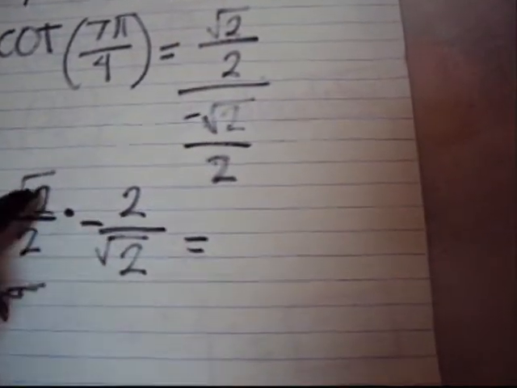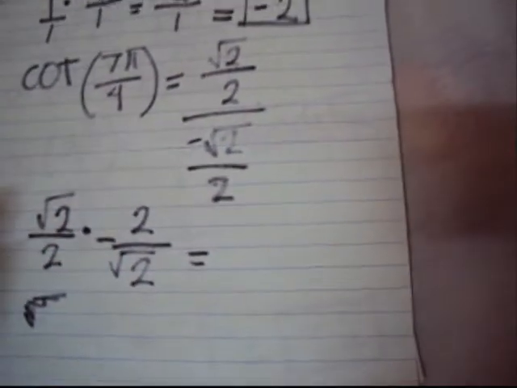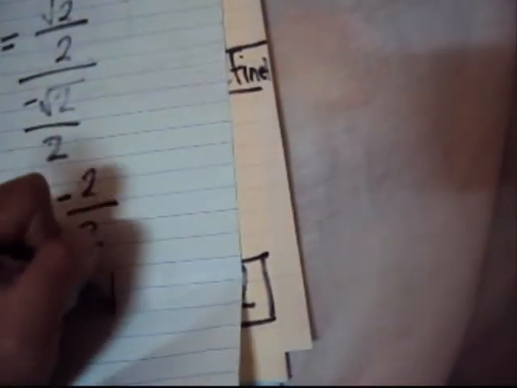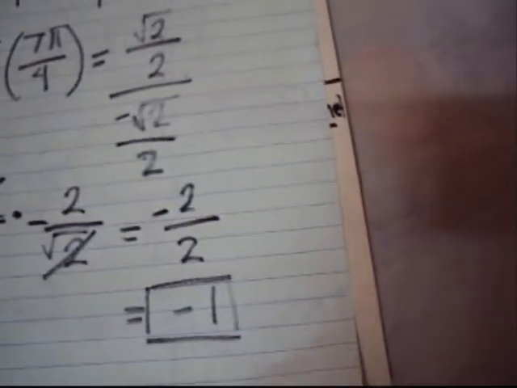We need to interchange the two of them. Since we have a common factor here, we can cross this out, and what's left is negative 2 over 2. Negative 2 divided by 2 is negative 1, and the answer is negative 1. That's all.